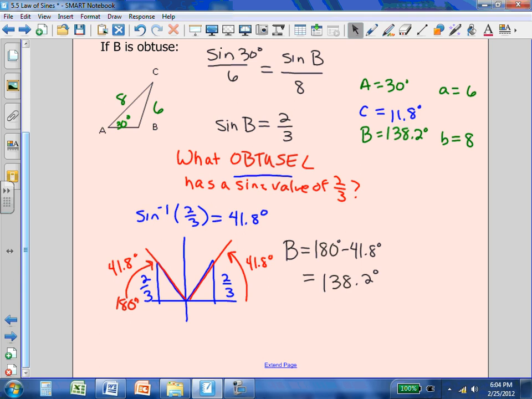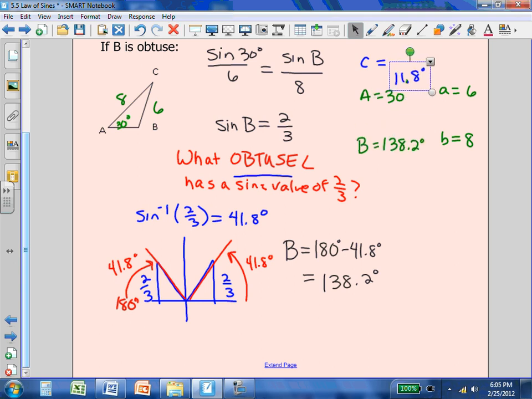So let me just rearrange this in pieces. That's okay. Nope. This one. So then side C should be pretty small. Should be less than 6. And you can go ahead and do your law of sines on that. I will just write it out very quickly.